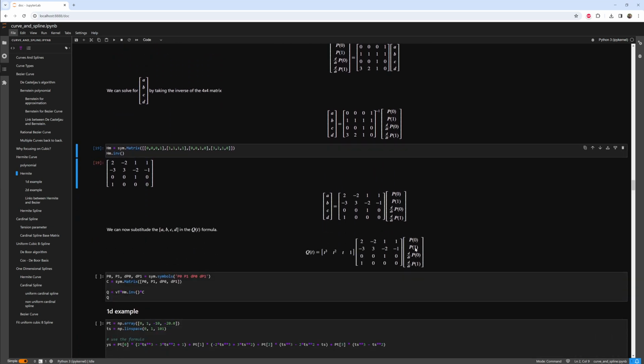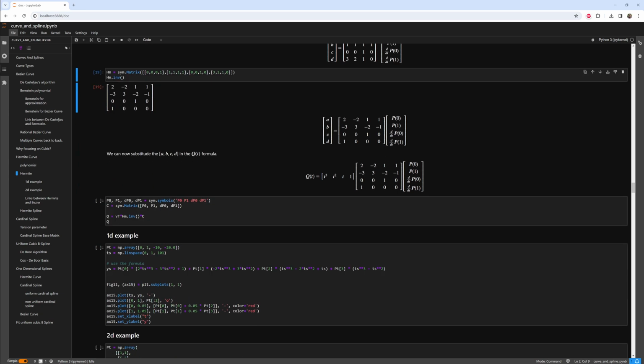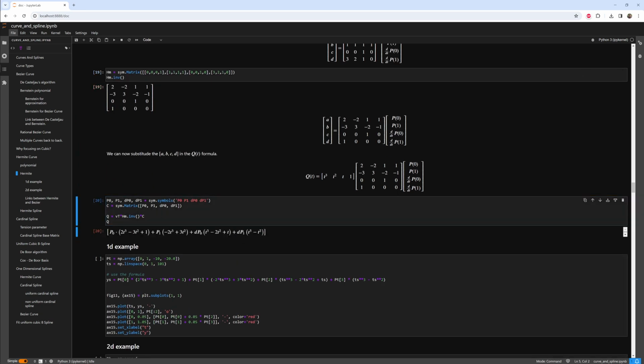Now that is point 0, point 1, and both derivatives. What we have here is the formula if we were actually computing everything. Again, you get the point 0 multiplied by this, point 1 multiplied by this, the derivative multiplied by this, and the derivative multiplied by this.